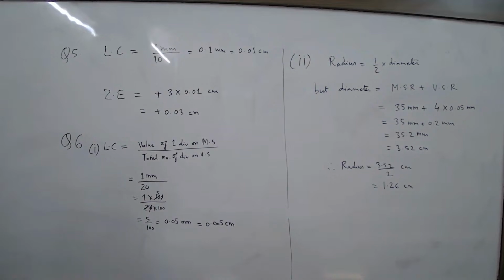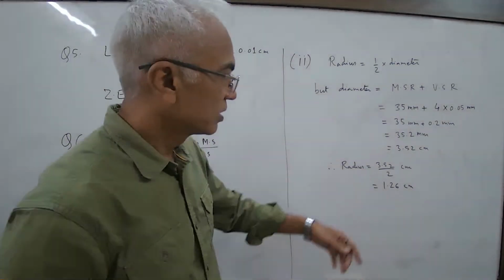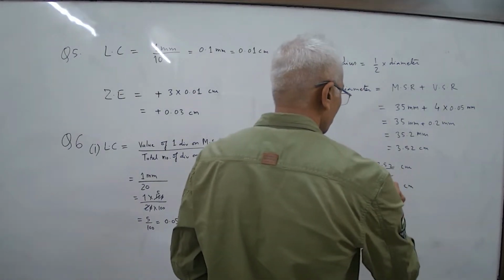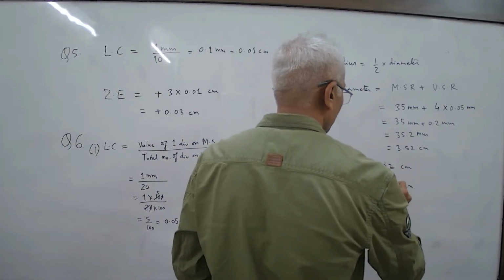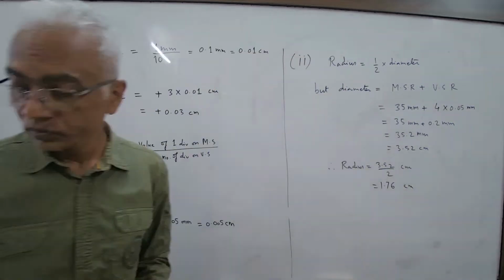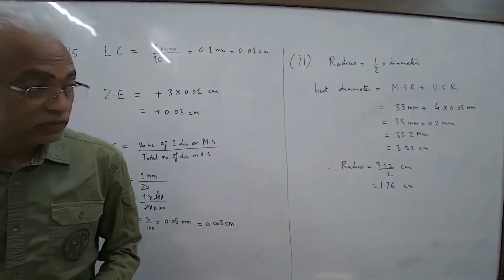What is wrong? Oh, this division is wrong. 2 ones are 2. This is 1.7 and then 6. Division was wrong. It is 1.76 centimeter.